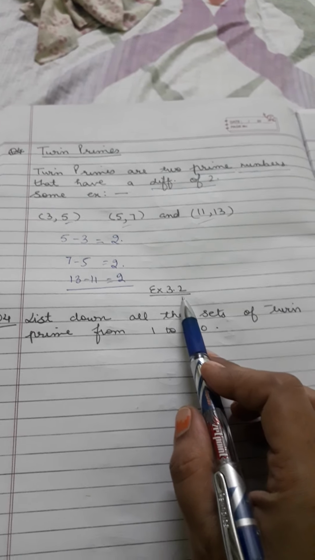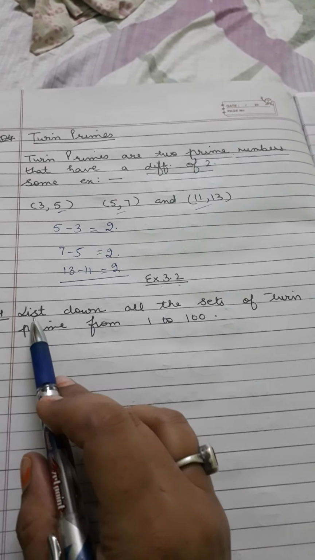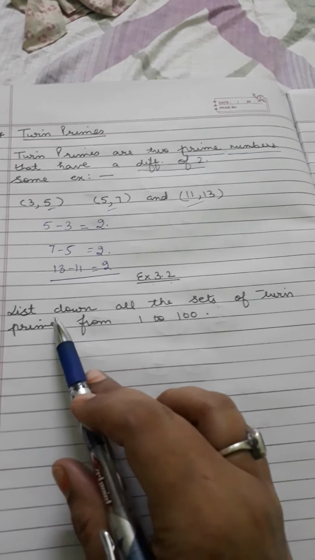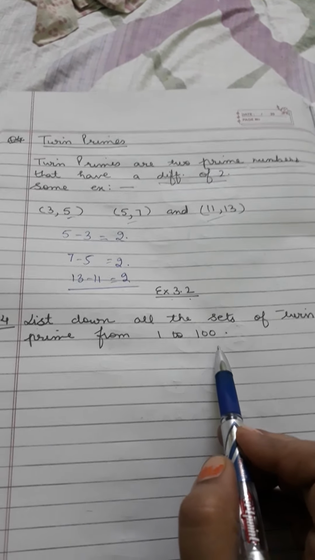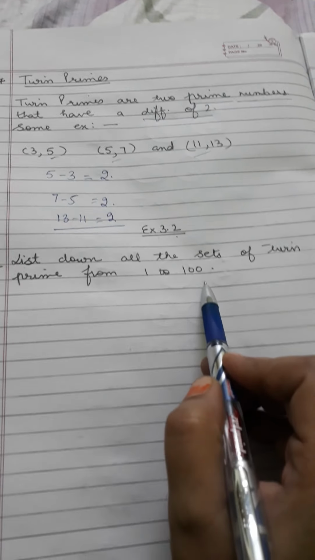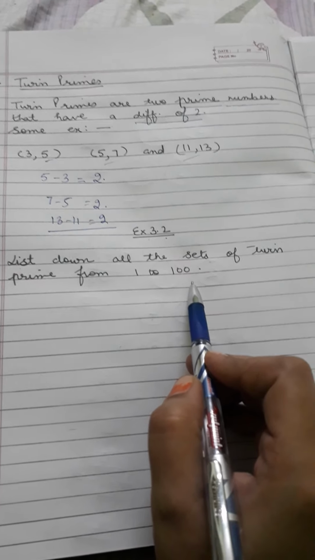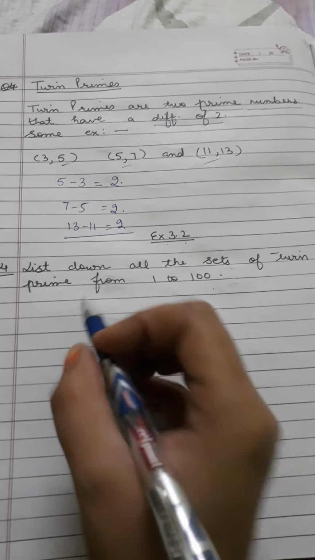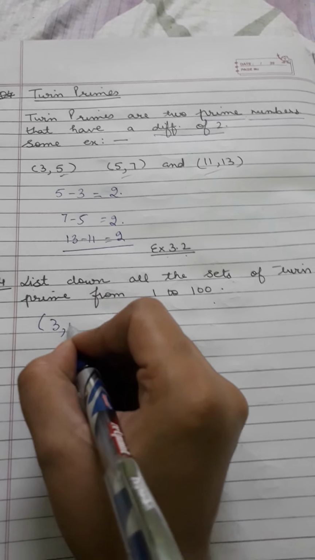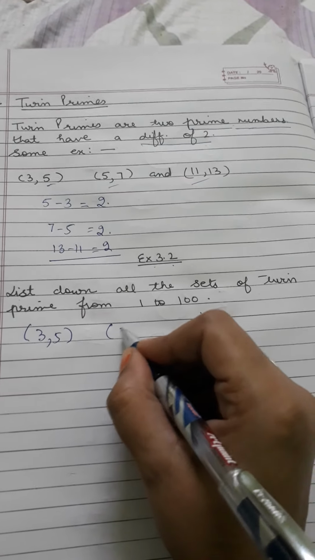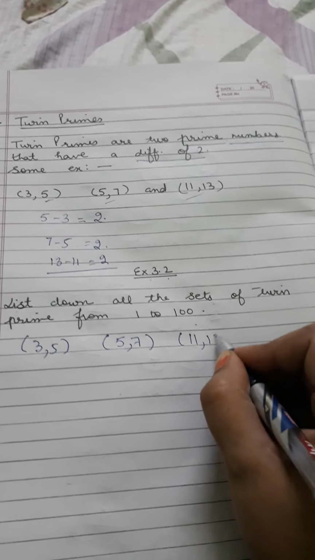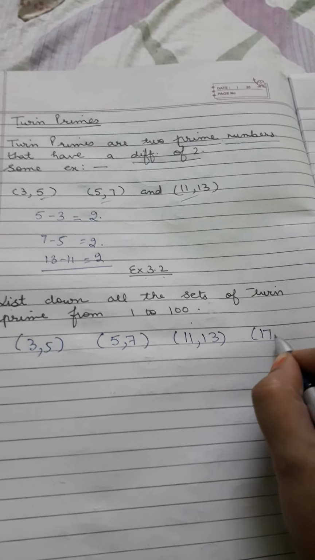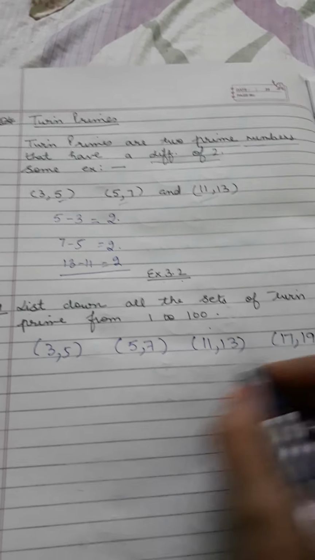Moving to exercise 3.2, the fourth question is list down all the sets of twin primes from 1 to 100. We have to list all the twin prime numbers from 1 to 100. The first one is 3 and 5. The second one is 5 and 7. Then 11 and 13. Then 17 and 19.